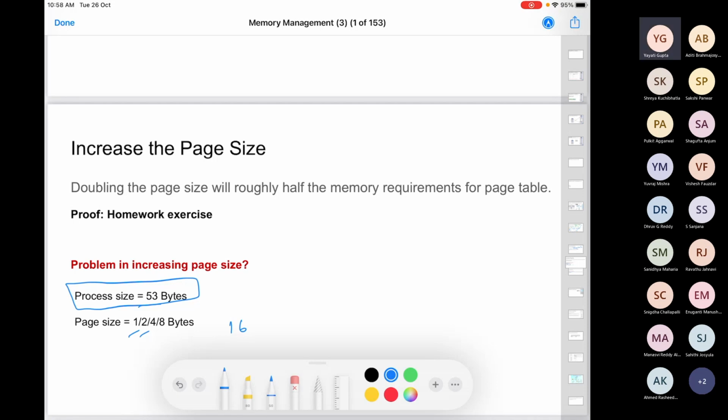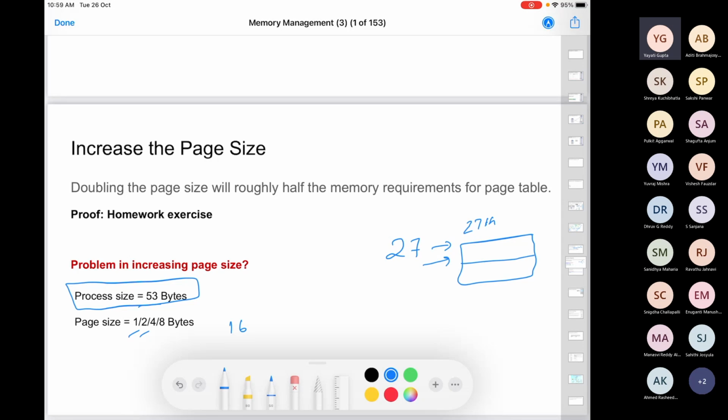Okay, tell me, if we have 53 bytes and each page is 2 bytes, how many pages will we have? 27, right? We'll have 27 pages. If you look at the last page, which is the 27th page, in this page there are 2 bytes.